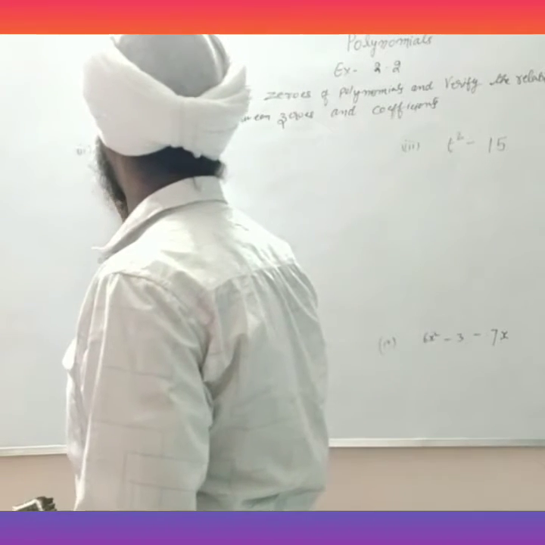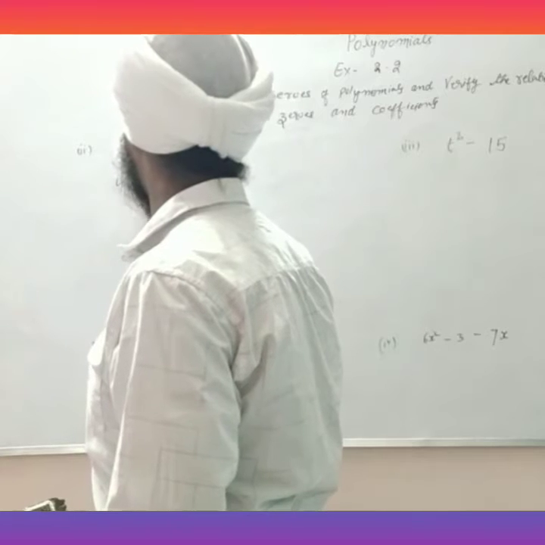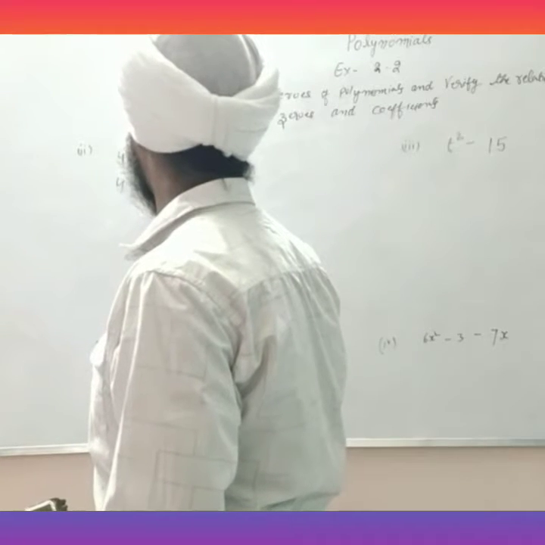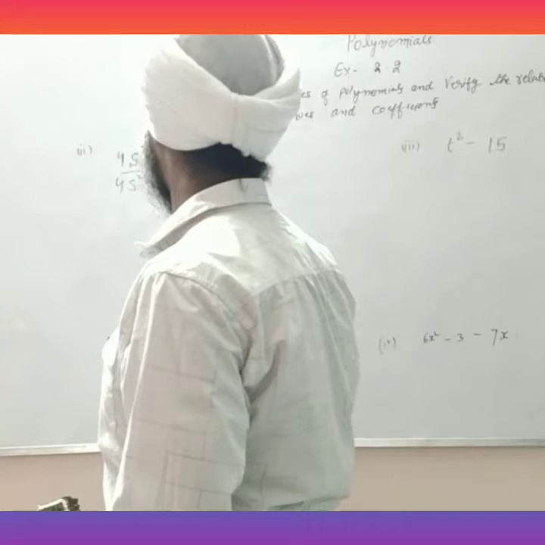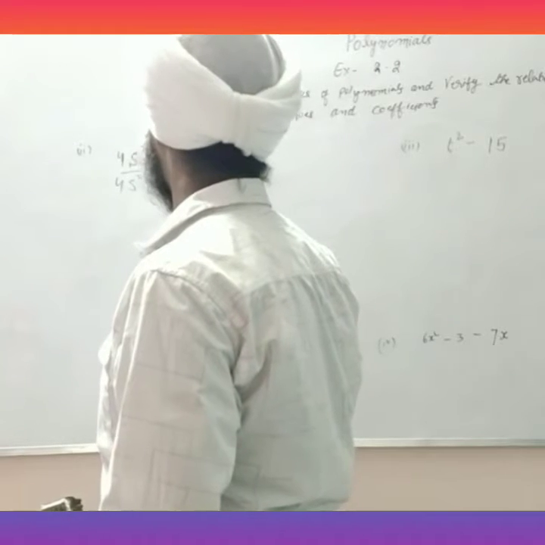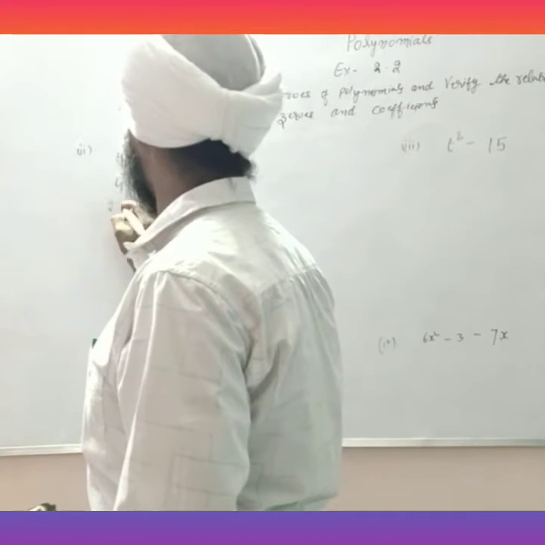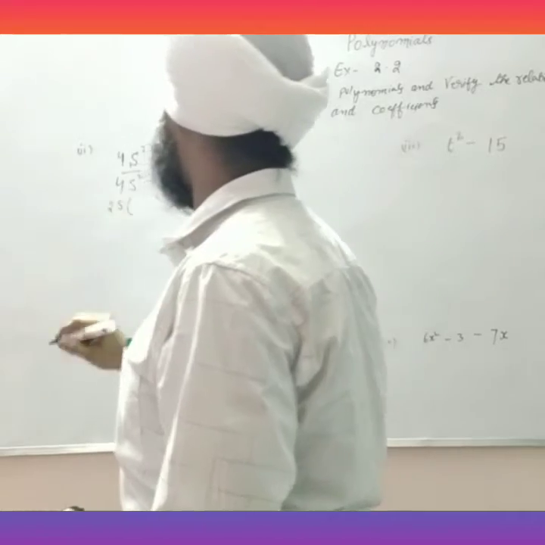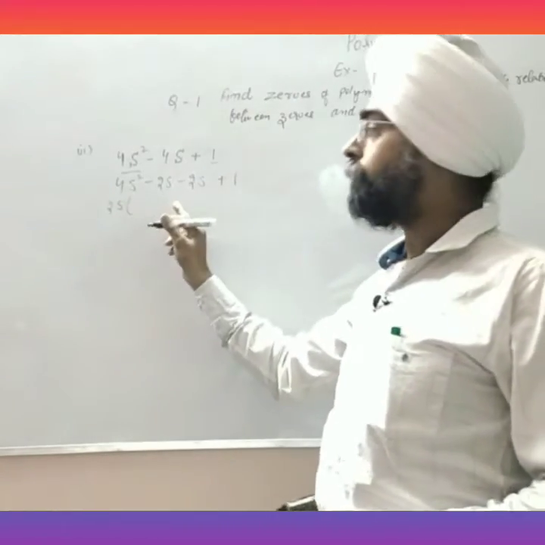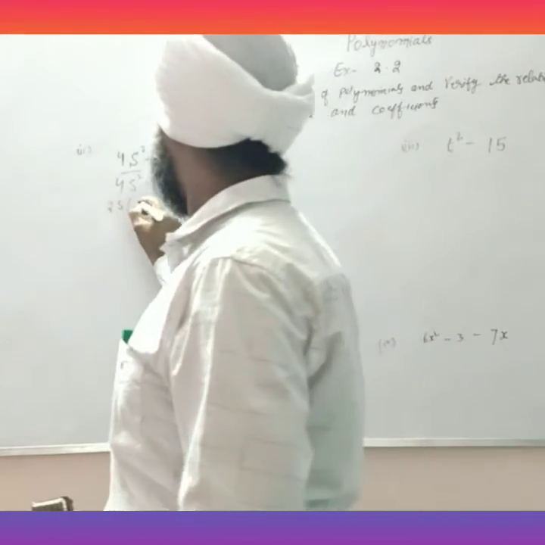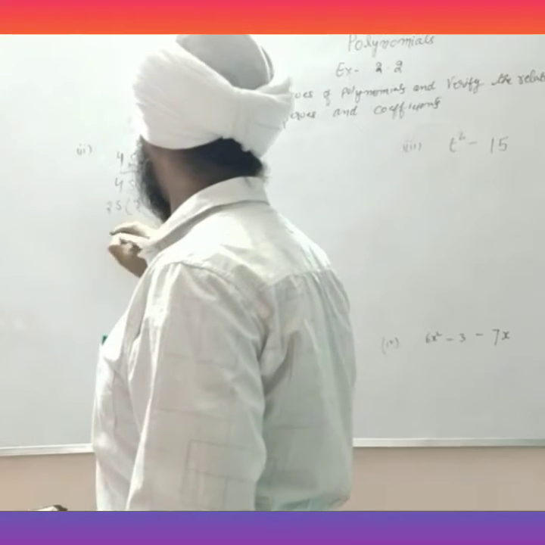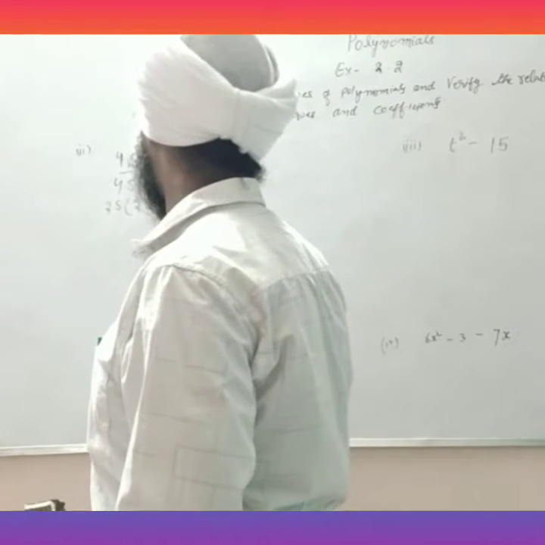Four s square, second step is 4s square minus 2s minus 2s plus 1. Then I can take 2s as common from the first two terms, 2s will remain inside the bracket, and minus 1.